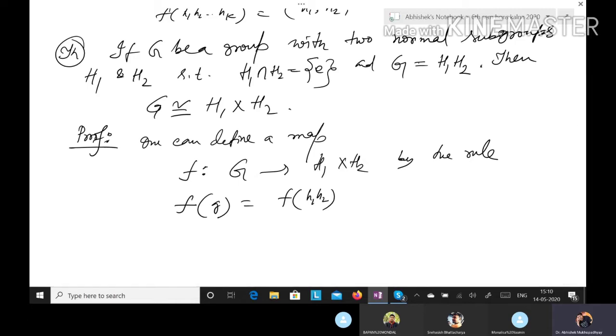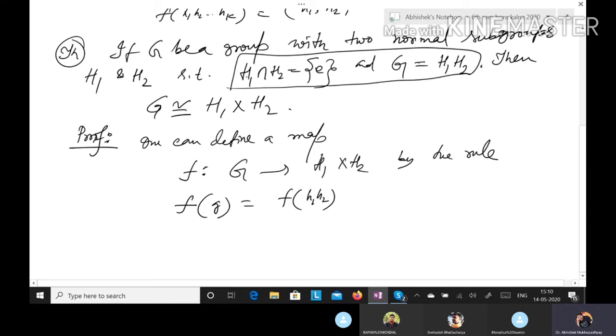And since G is the internal direct product, because H1 and H2 satisfy these two conditions, that is, H1 and H2 intersect in exactly the identity and their internal product is G, every element of capital G can be expressed uniquely as h1 h2, from the theorem which we have proved in our previous lecture.